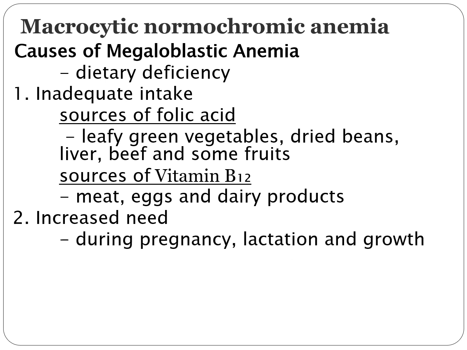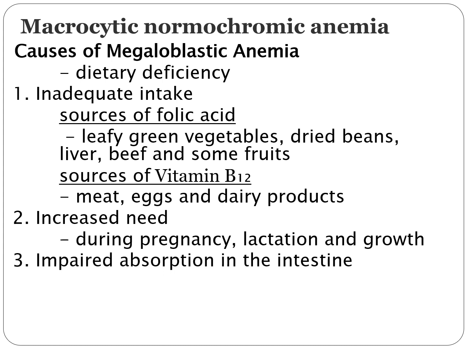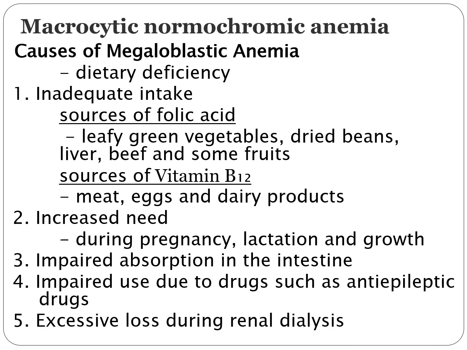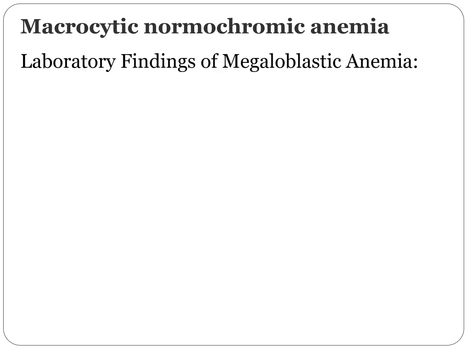Increased need, okay, so during pregnancy, lactation, and as well as in growth, and then impaired absorption in the intestine. Impaired use due to drugs such as anti-epileptic drugs. And lastly, we have excessive loss during renal dialysis.